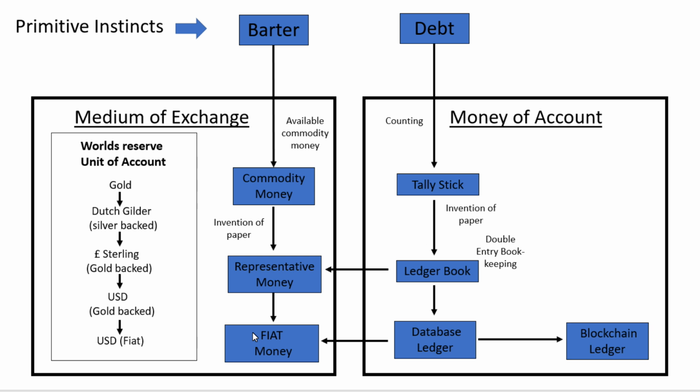Most of the money in existence isn't really physical notes in your hands. It's a database ledger entry stored in your bank's computer screens. So that's really the main takeaway from this.